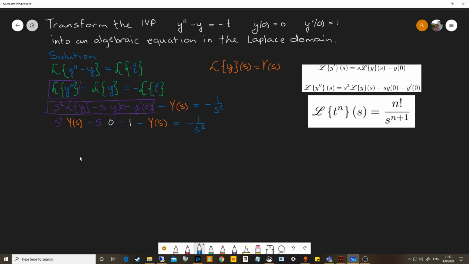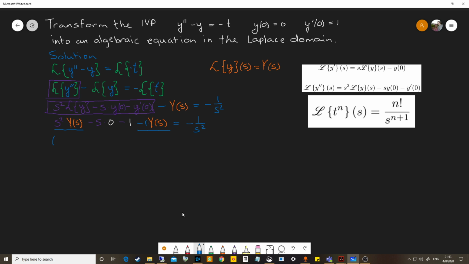So we can clean this up a little bit more. We see that there's s squared Y of s, and there's a Y of s here. We can think of this as negative 1 times Y of s.